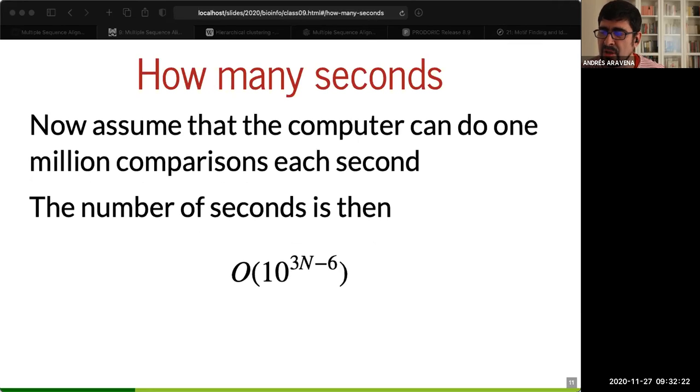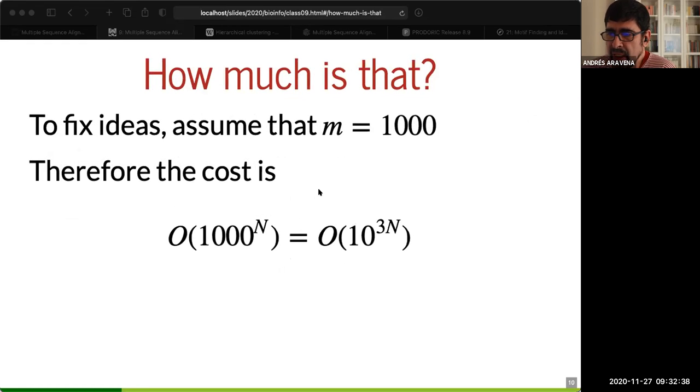Okay. Let's go step by step, because I'm not completely sure if I understand you. But first point, I was careful to put the slide number. If you want, you can write the slide number to ask the question. So in slide number 10, we say that if the length of all the sequences that we want to align is 1,000 letters, then the cost will be in the order of 1,000 to the power of n.